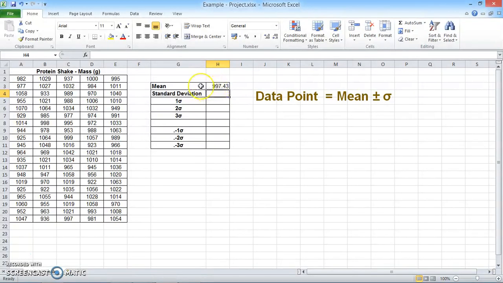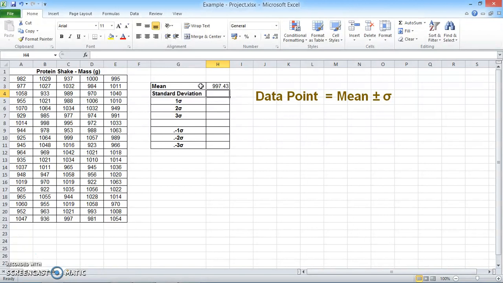You've now found out that your mean is equal to 997.43 grams. Now, when calculating your standard deviation, you need to keep in mind that the mean and standard deviation are parameter values that apply to an entire population. However, population parameters are usually unknown because it's generally impossible to measure an entire population. However, you can use random samples to calculate and estimate these parameters.